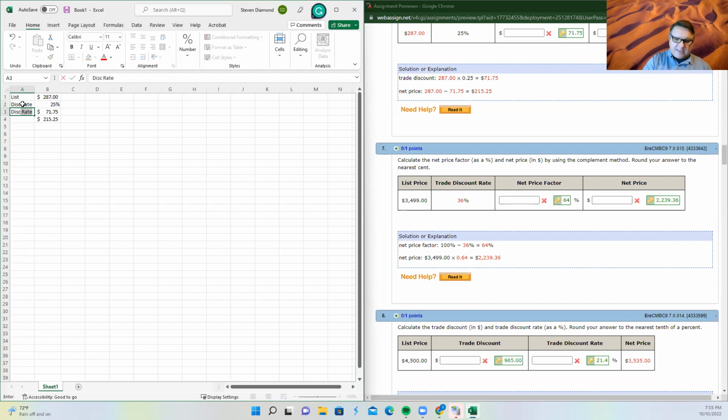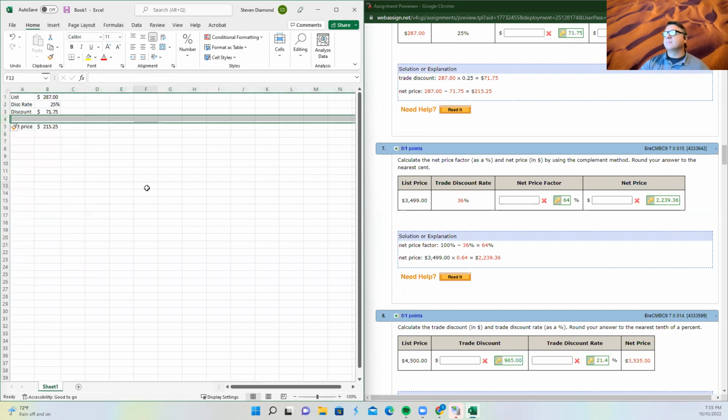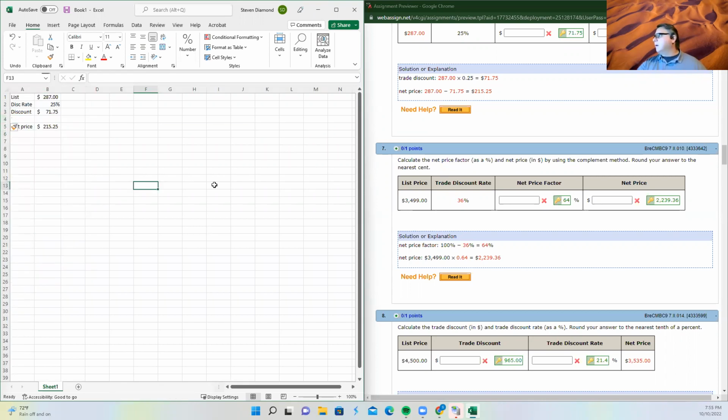This is our actual discount in dollars. And this is going to be our net price. Oh, doggone it, man. All right, so we know what we're looking at here. And then we're going to put another one here, which is going to be our net price factor.